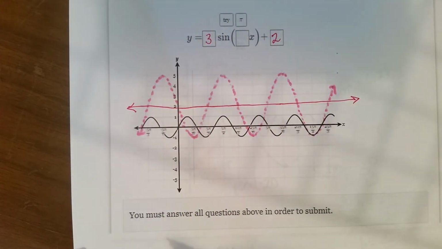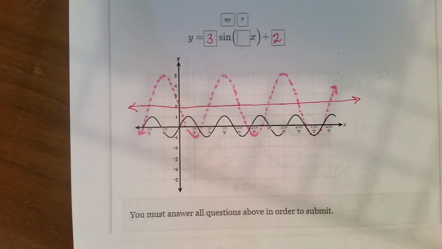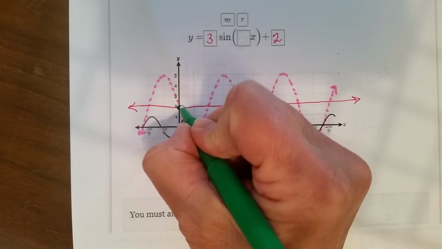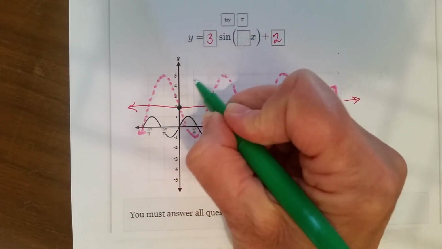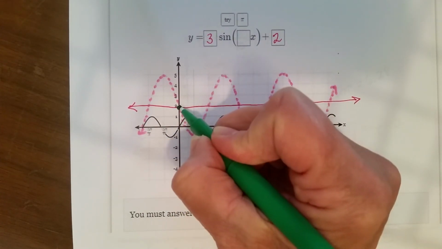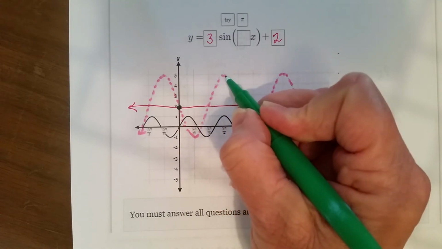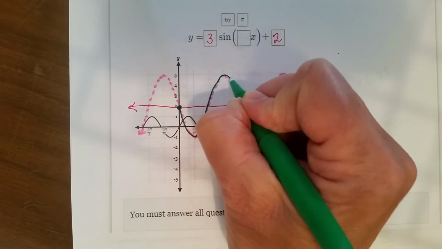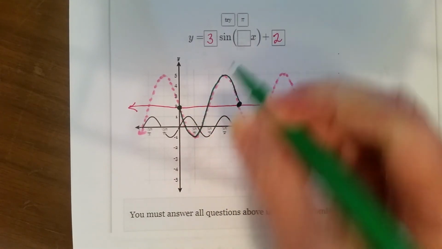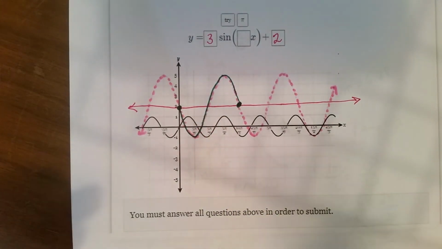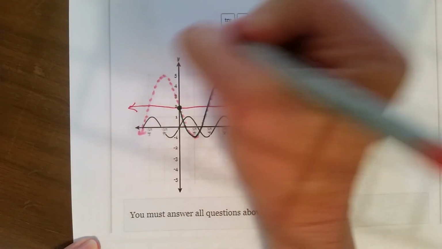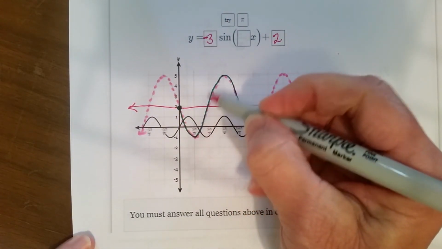Now, we're looking at the sine curve, and notice that if I start here at my midline, instead of going 0 max, 0 min, I'm going 0 min, 0 max. So my curve actually is in reverse. So I've got to make sure and put in a negative right here because the sine starts out going down.